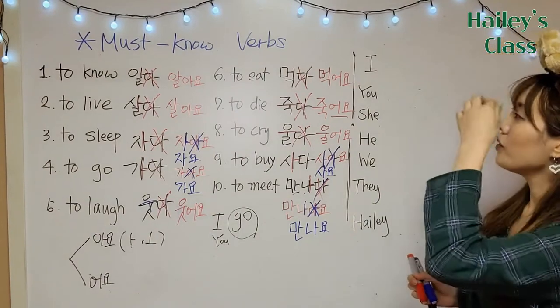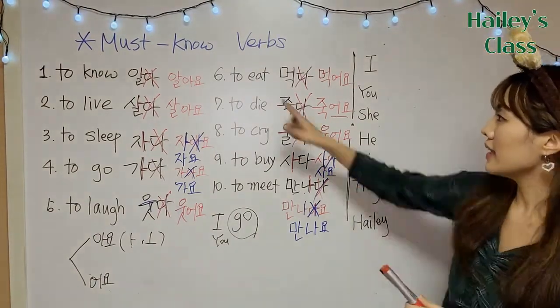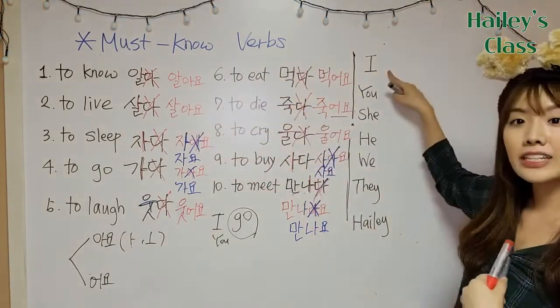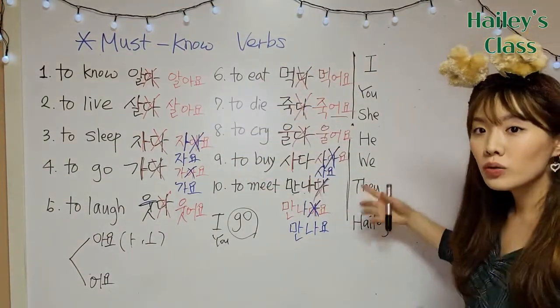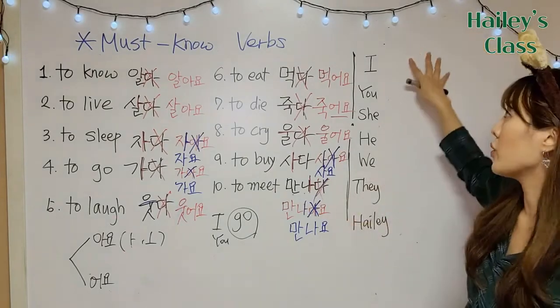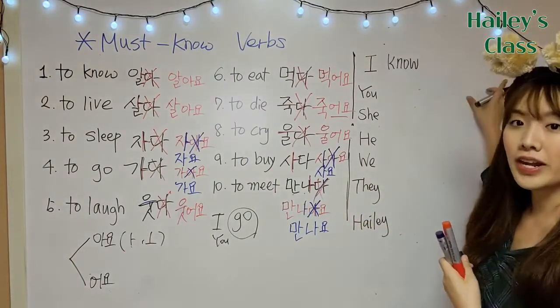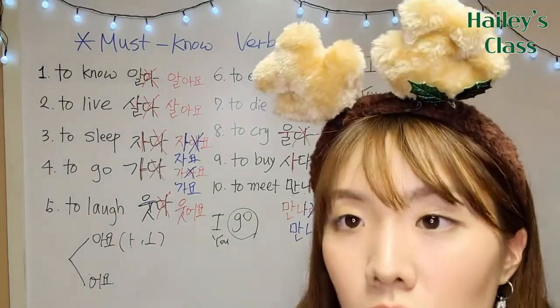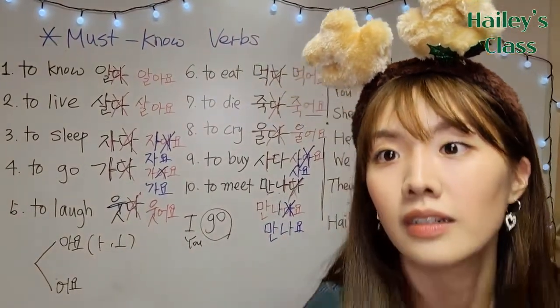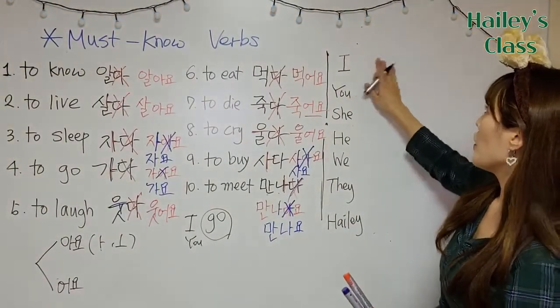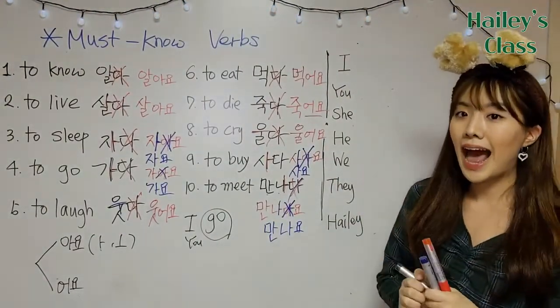So for example, let's say for 알아요, like I know, you know, she knows, he knows, like this, okay? So we're going to write I know in Korean in here, okay? So I'm going to change a little bit in here.